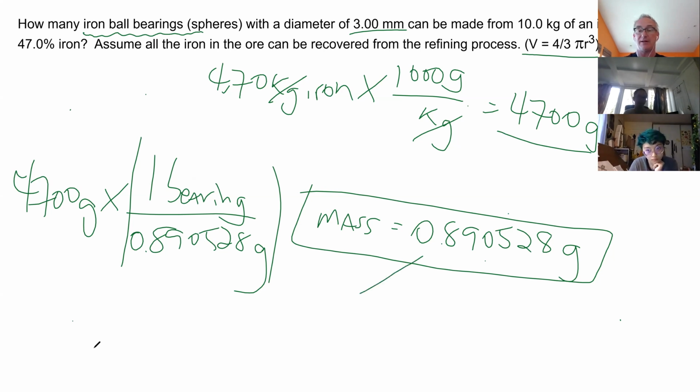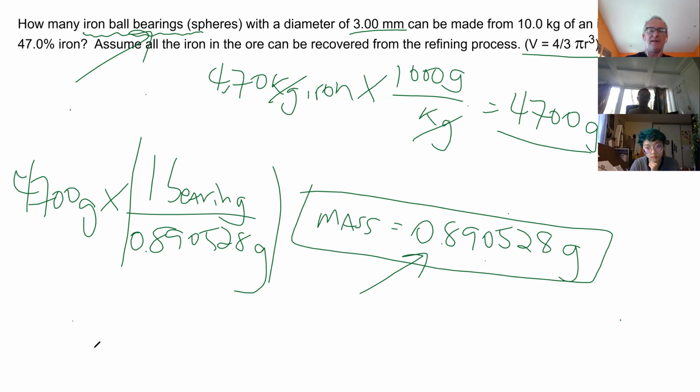I didn't know that a ball or a bearing can be a unit. Yeah, why not? Because that's the question we're asked: how many bearings or spheres or whatever it is. So we're asked for a thing, and our answer has to be a number with a thing on the end, because a number by itself is meaningless.